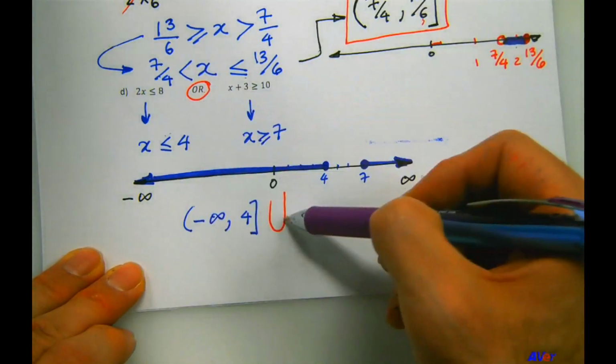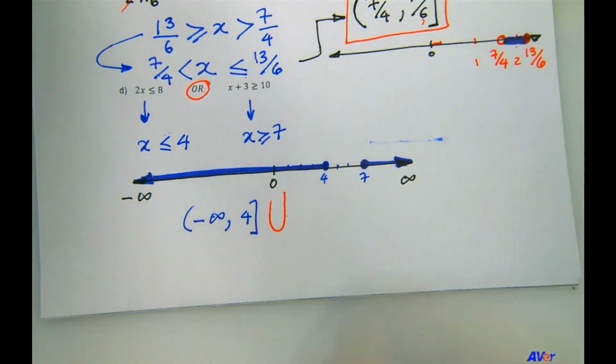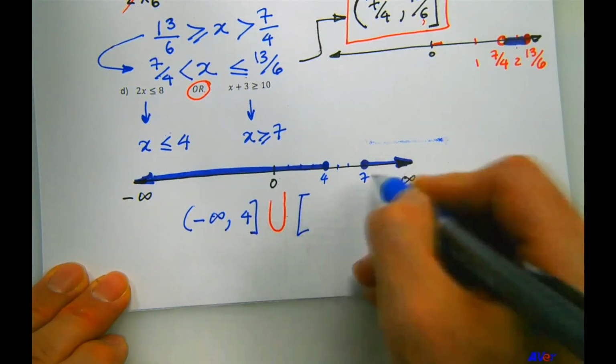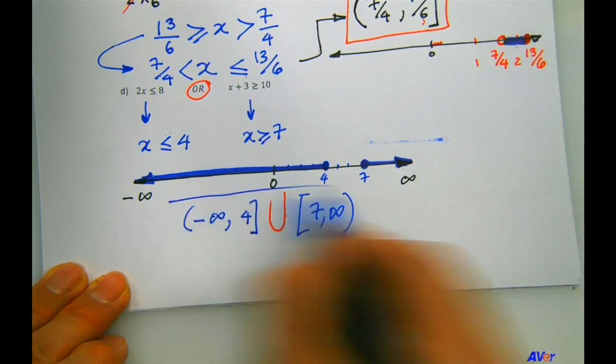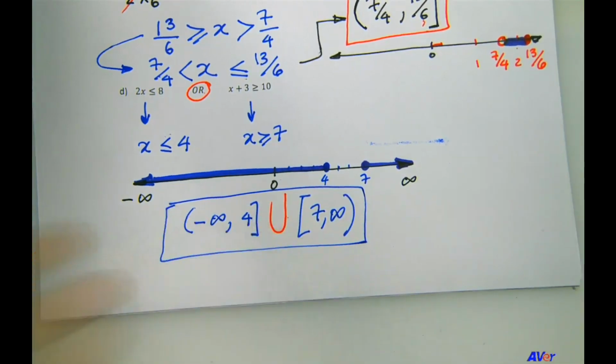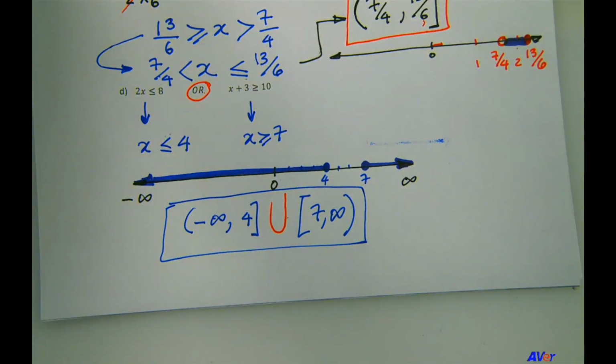OR translates into union, bracket, 7, comma, infinity, parenthesis, like that. Okay? That's the final solution, the union of both individual solutions.